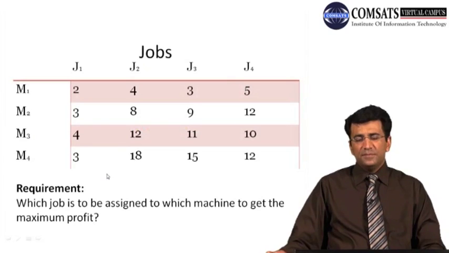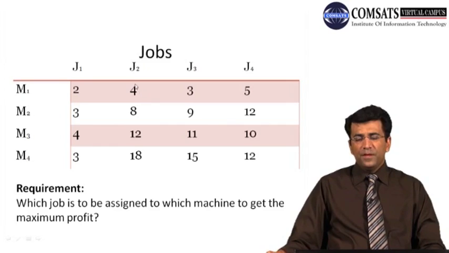Let's go through this practical example. Now again class, there are 4 machines, that is M1, M2, M3 and M4, and there are 4 jobs, that is J1, J2, J3 and J4. Now this table shows the profit margin or gain. If we assign job 1 to machine 1, there will be a profit of $2 or 2 rupees.